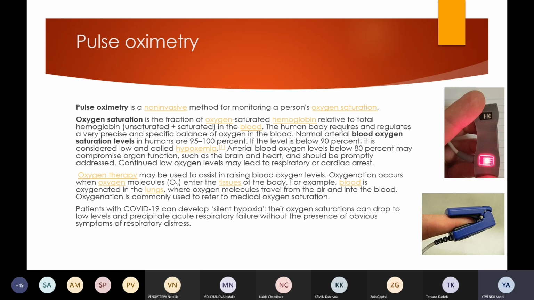So if you have a pulse oximeter at home and it shows more than 95, it means that you are okay. If you have some kind of chronic lung condition, for example, bronchial asthma, chronic obstructive pulmonary disease, or some other kind of chronic lung disease, you might have lower numbers.